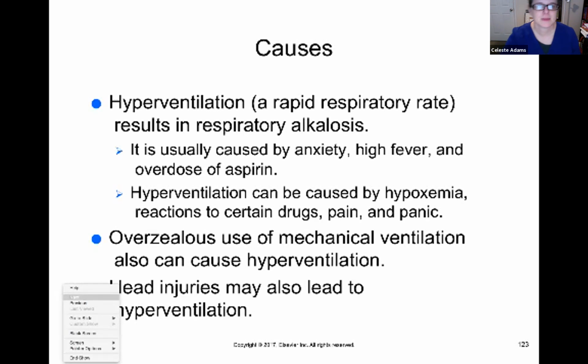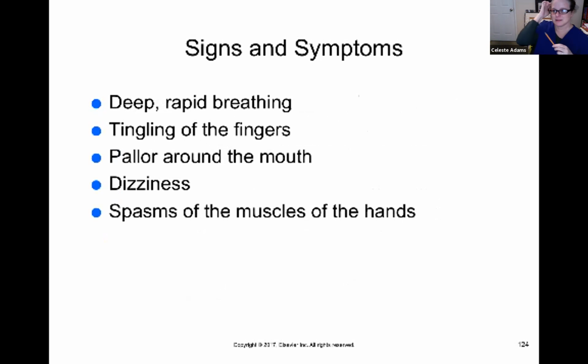Signs and symptoms. Hyperventilation, deep, rapid breathing. What do you do when you hyperventilate? You breathe deep and you breathe fast. Tingling of the fingers, pallor around the mouth, dizziness, and spasms of the muscles and hands.